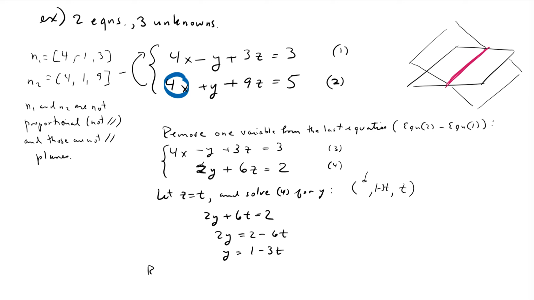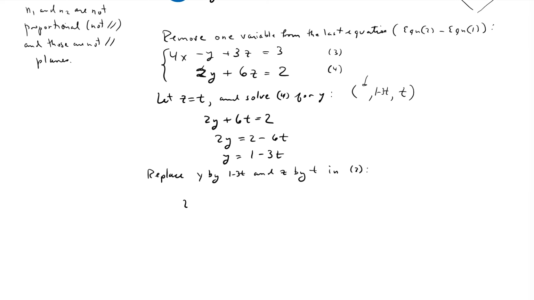So I replace y by 1 minus 3t and z by t in equation 3 or 1, which is the same. So if I do this, I get 4x minus (1 minus 3t) plus 3t equals 3. I'm going to send everything to the other side. So that's going to be 3 minus 3t.